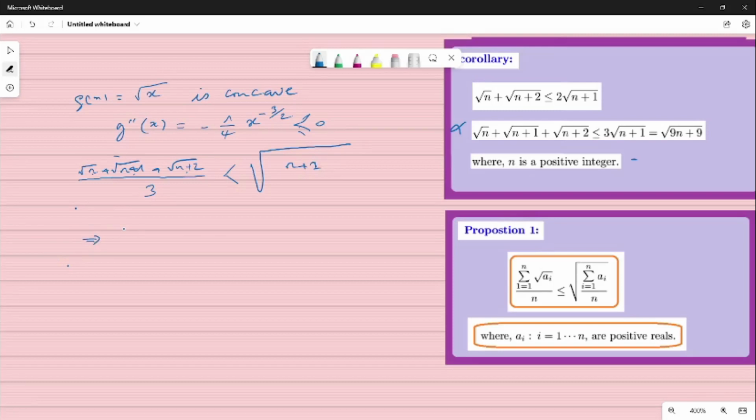This implies that the sum of square roots is smaller than 3 square root of n plus 1, which equals square root of 9n plus 9. And this is the first inequality in the theorem.